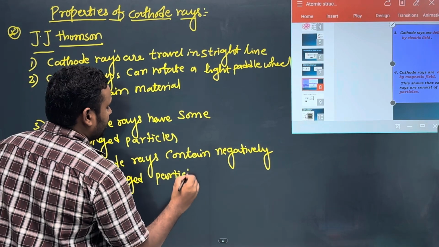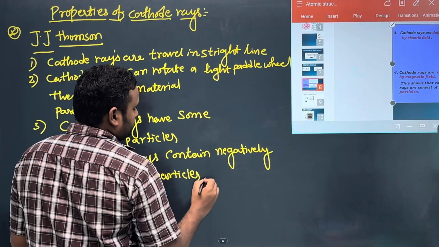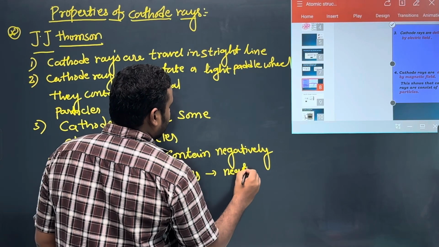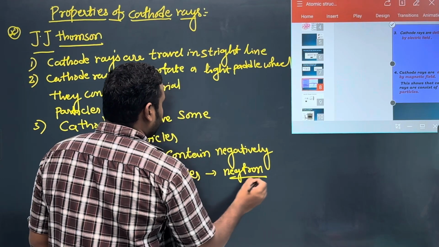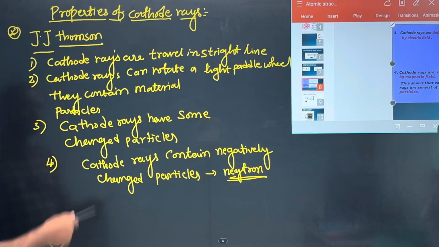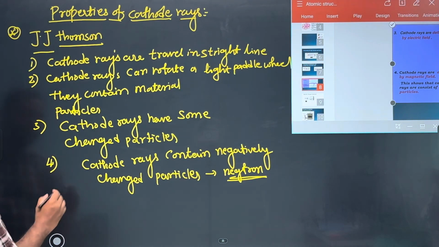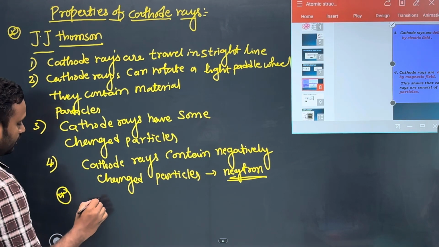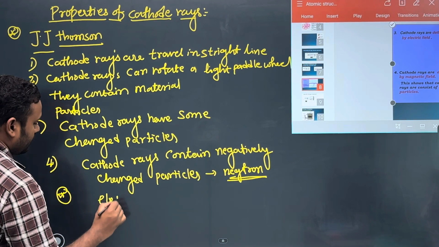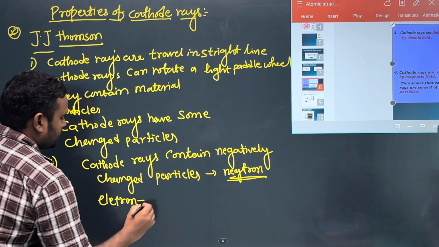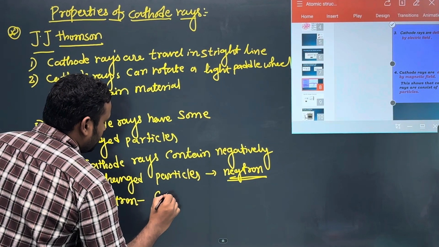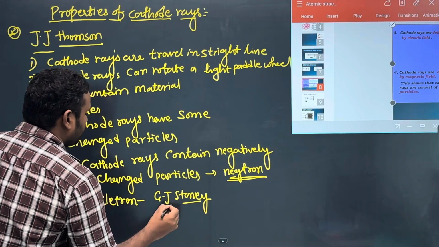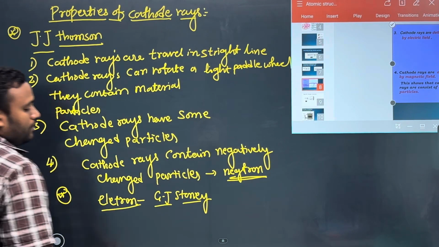For these particles he gave the name negotron. The name negotron was given by J.J. Thomson, but negotron was later changed to the name electron, which was suggested by G.J. Stoney. G.J. Stoney has given the name electron.